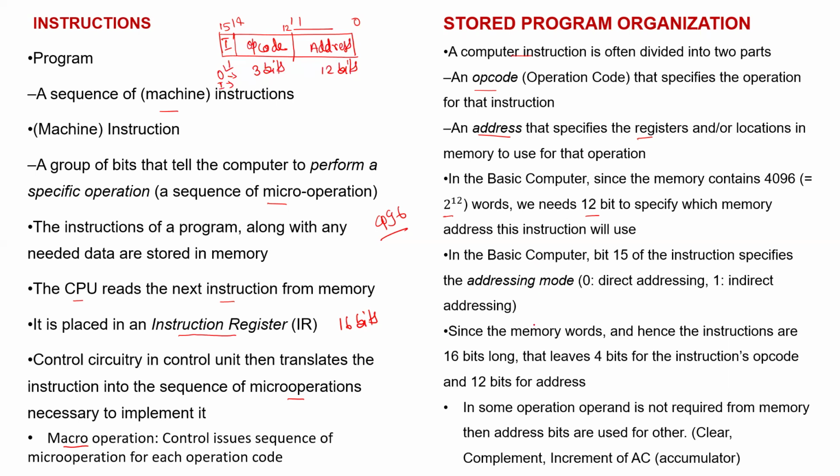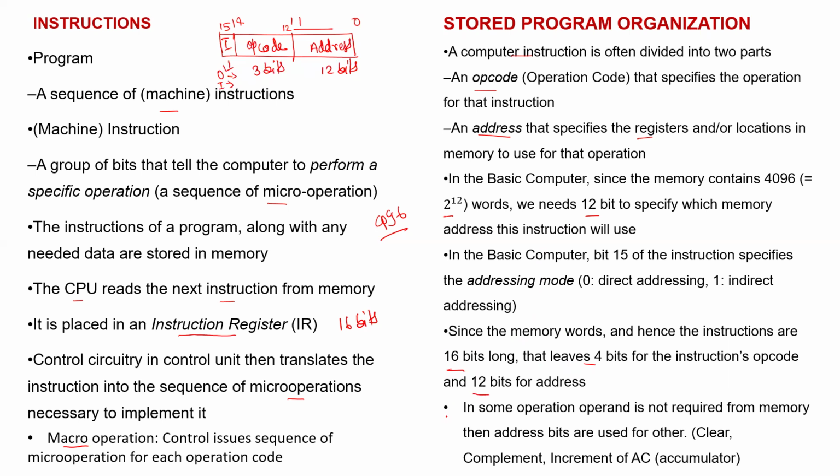So here the memory words are 16 bits long. These 4 bits are left for the instruction part of the code, so out of these 4 bits, one is for the addressing mode and 12 bits are for the address.